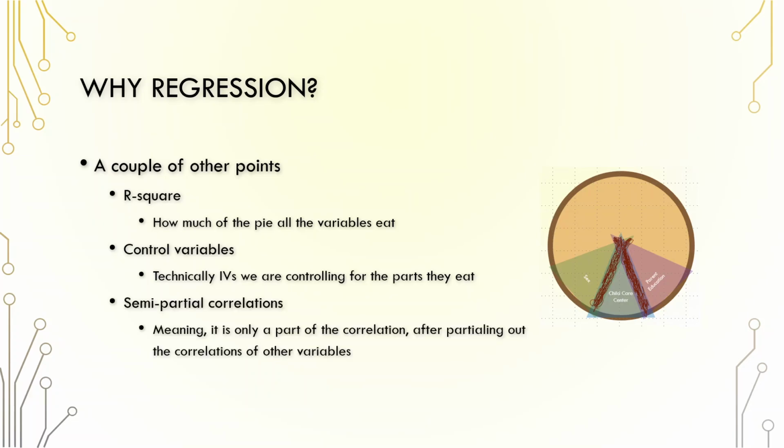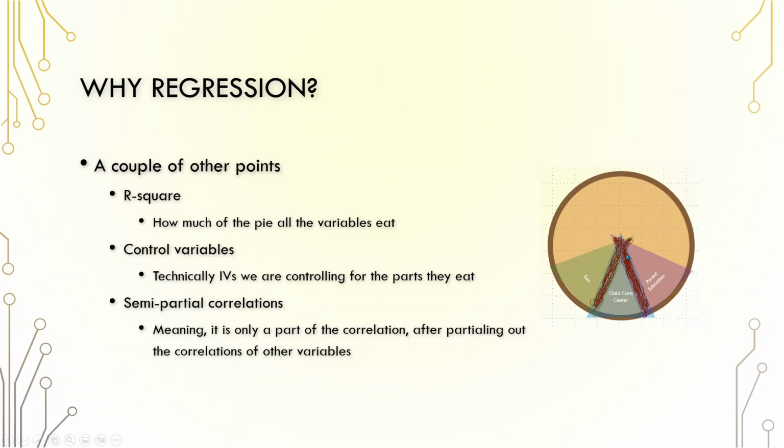And I used that term a second ago about partialing things out. When we look at our regression models, technically we are looking at correlations between our independent and our dependent variable, but we don't call them correlations because more specifically they're semi-partial correlations. Semi-partial correlation meaning it's not the entire correlation, it's only part of it.